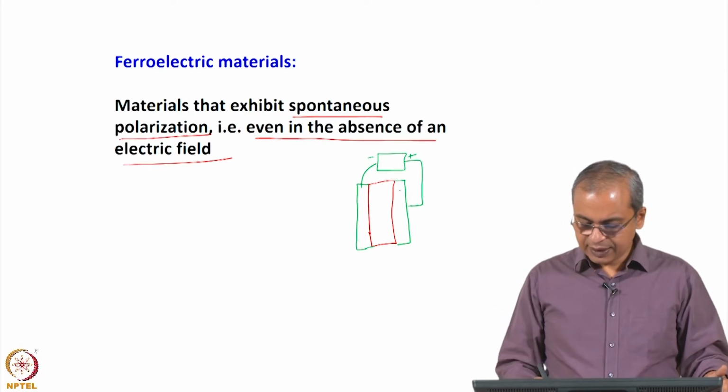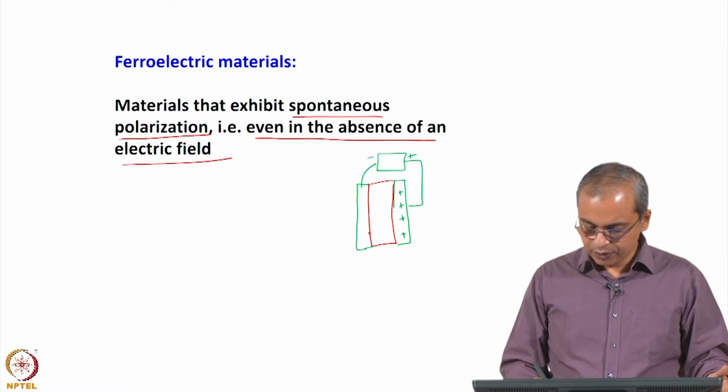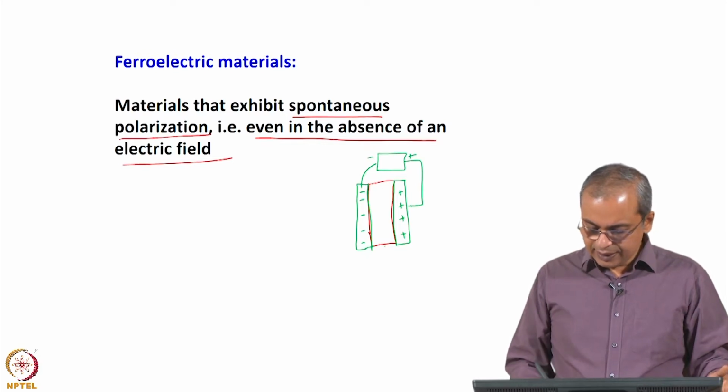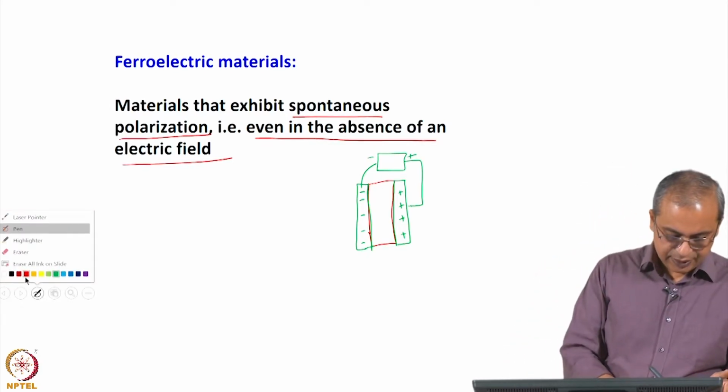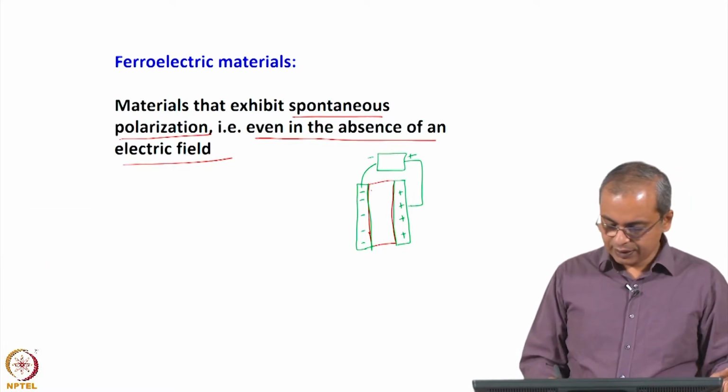So, you build positive charges here on the electrode, and you build negative charges here. This material in the middle, the dielectric material, will build the opposite kind of charges to compensate for this build up.